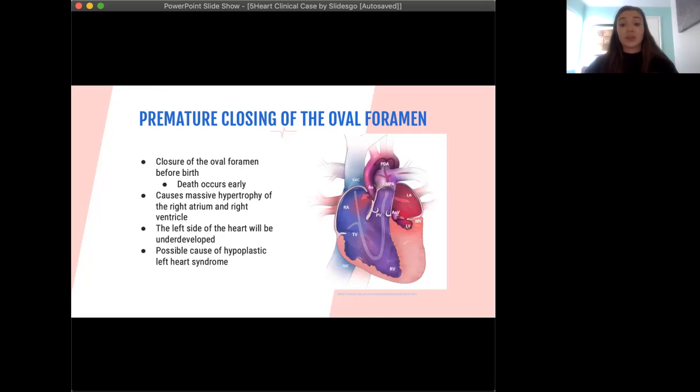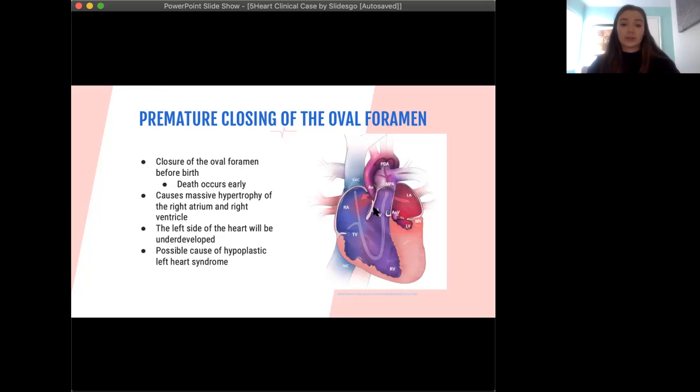This is due to the backup of blood in the right circulation, so the entire left side of the heart will be very underdeveloped. Not a lot's known about this ailment, but the picture I have here actually shows hypoplastic left heart syndrome, which is what some hypothesize is the result of a premature closure of the foraminal valve. But there have been very few cases and nothing proving it.